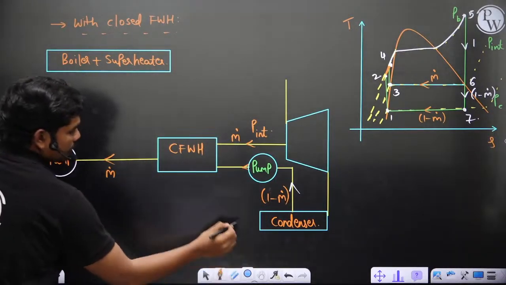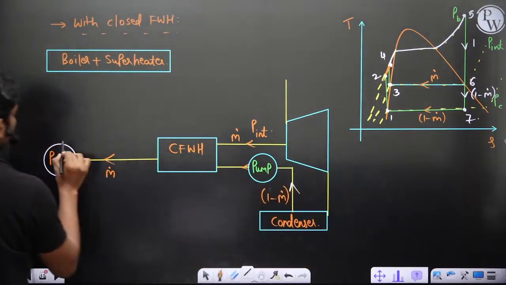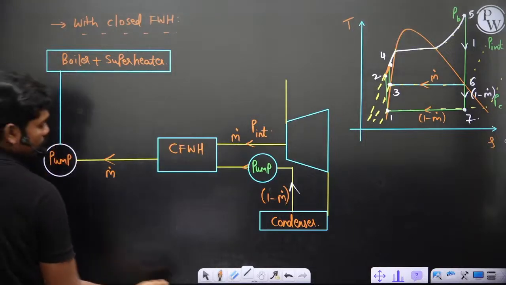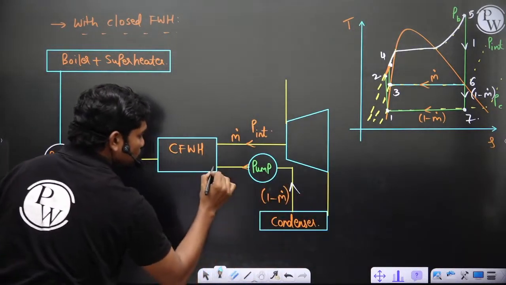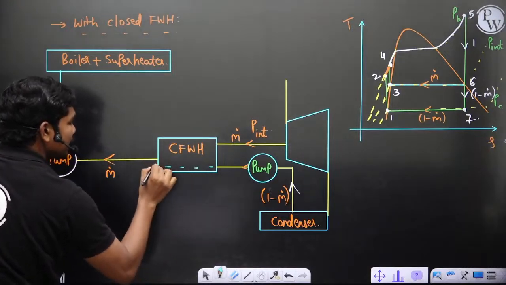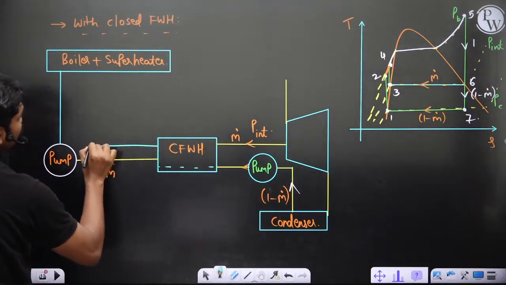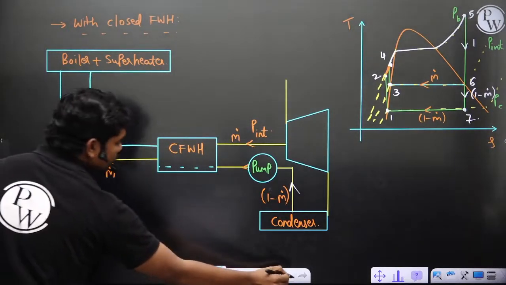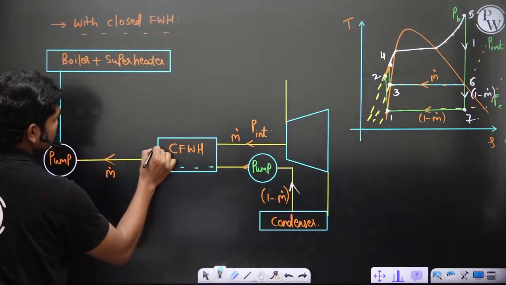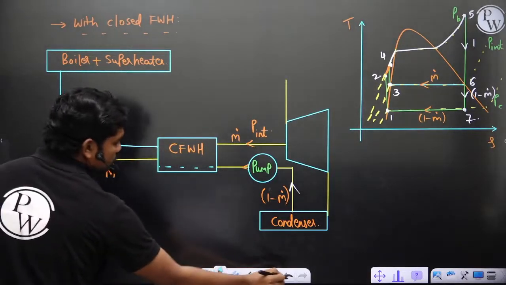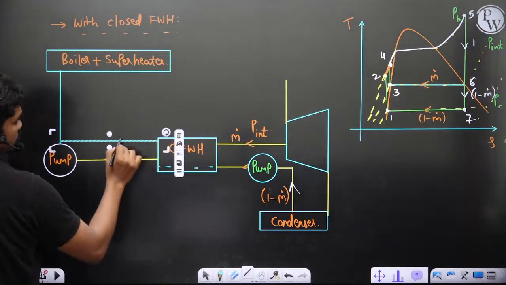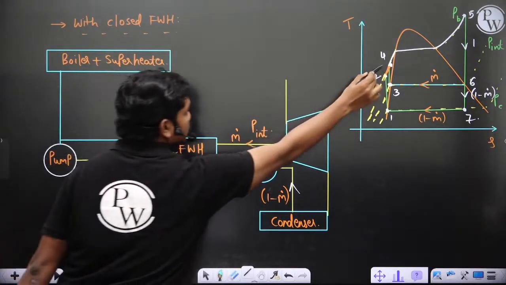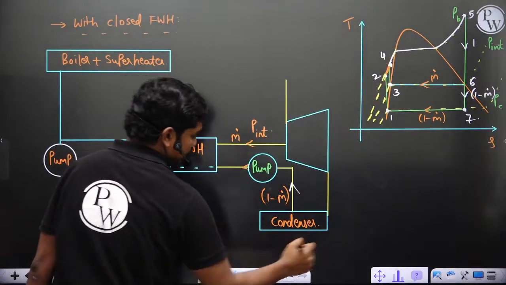Now clearly you can see this will go to the boiler, and also this water which is coming like this will get heated up, and this will also go to the boiler. Normally people connect them using a single line many times. You can connect like this in this circuit, so that it merges with this and both enter the boiler at this point.